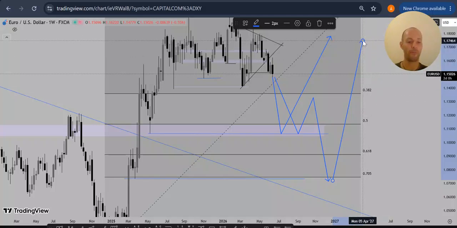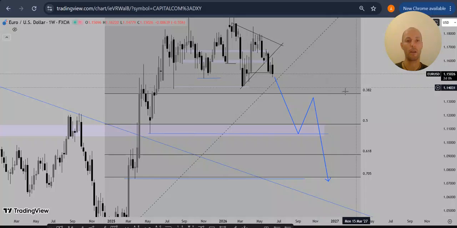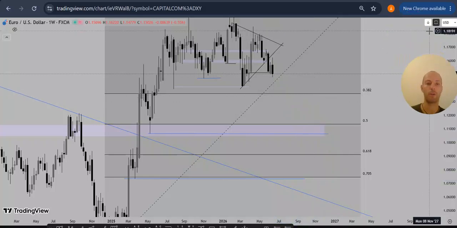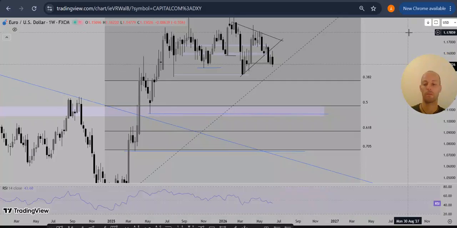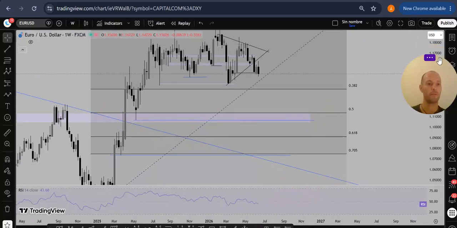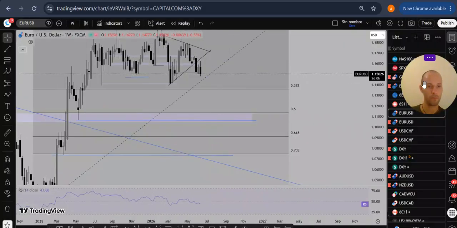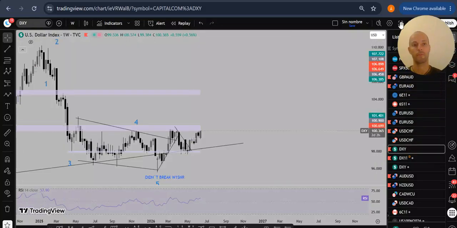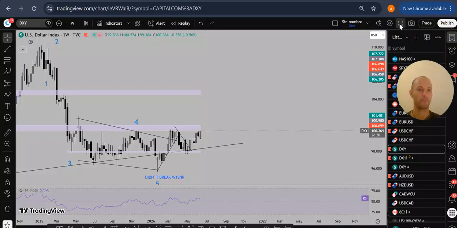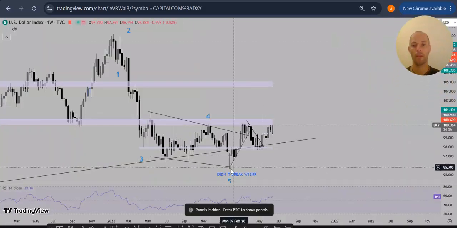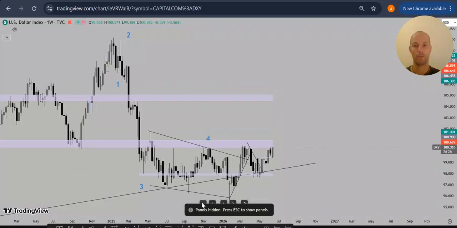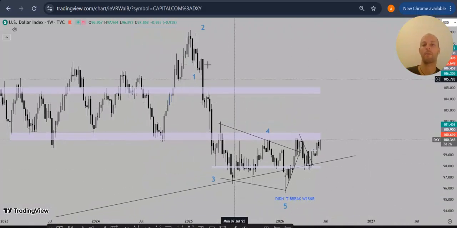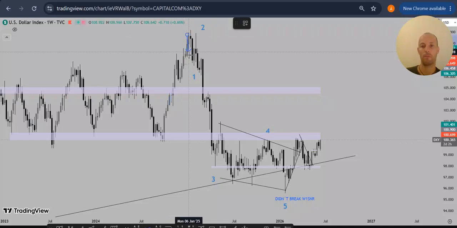All right, now let's take a look at the DXY. See if the scenario is even more clear. Okay, with DXY, we also have our five bearish waves.